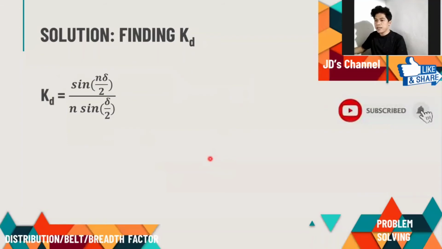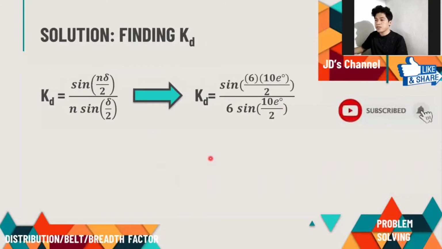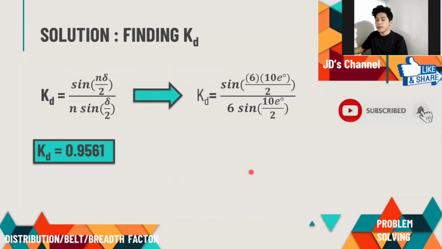And then the next one is the Kd na, finding the Kd. So substitute lang natin yung ating nakuha value class. So we have sine times the quantity 6 times 10 electrical degree over 2, over 6 sine times the 10 electrical degree over 2. So we have the answer 0.9561. So class, ito ay naka-round off na sa 4 decimal places.